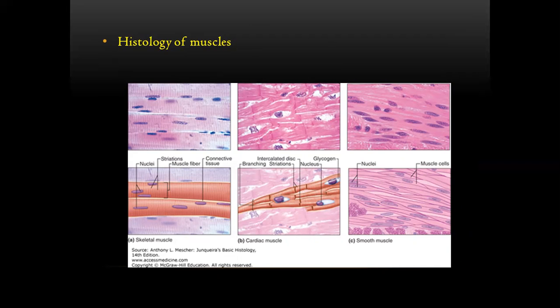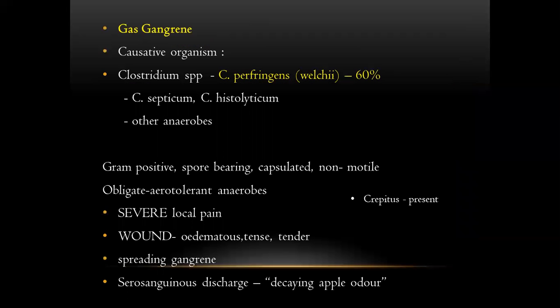The cardiac muscle is composed of irregular branched cells which are bound together longitudinally by intercalated discs. And smooth muscles contain only a single central nucleus and are non-striated muscle cells. I hope it's clear. Now moving to the next question.